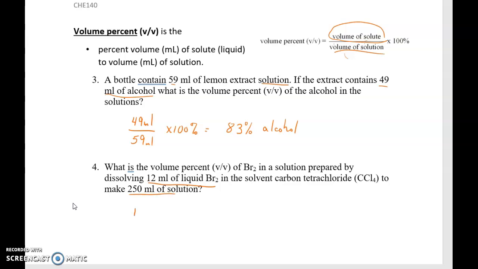So we'll have our 12 milliliters of bromine, and we'll put it over our 250 milliliters of solution times 100%, and we'll get 4.8%, and we'll want to put volume to volume, and we'll put bromine.